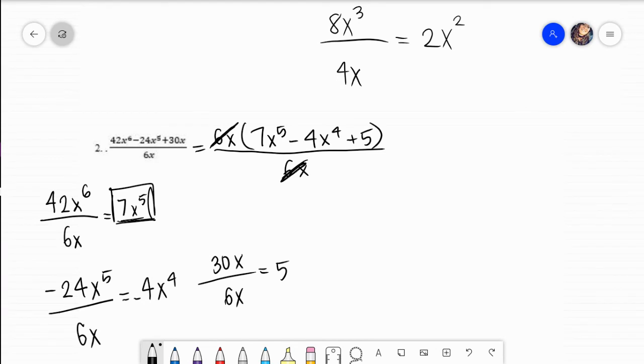Now, this is a random little side note. If you just have something like 6x minus 2x^3 over 6x, you cannot cancel like that. The reason is because of that sign right there. That's why we're doing what we're doing.